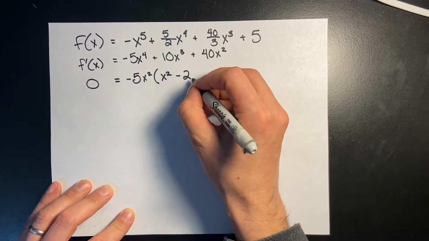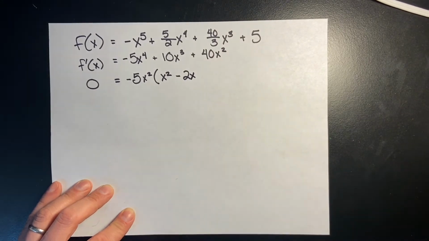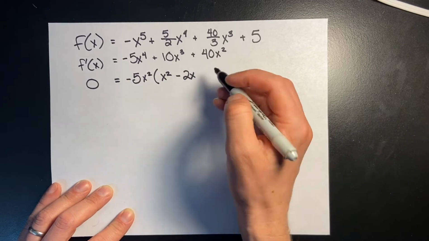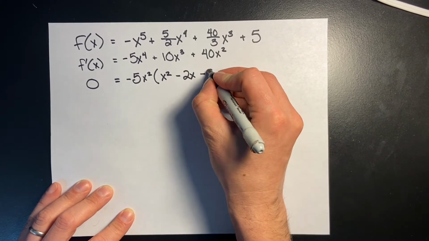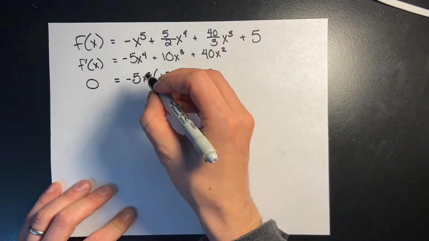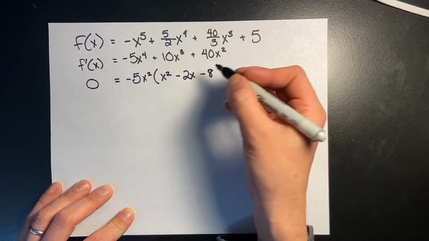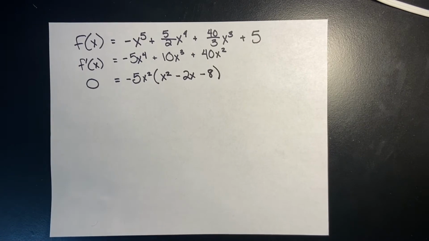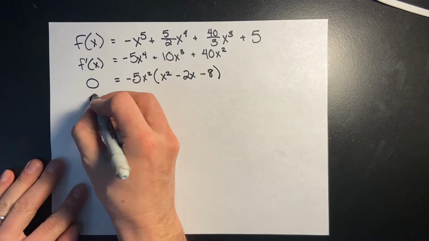I'm taking 2 x's away from 3 x's, and that's what leaves me there. And I'm taking a -5 out of positive 40, so that leaves me with a -8. I'm taking 2 x's from 2 x's, which leaves me with no more x's. All right, so that's part one of factoring. I'm not quite done factoring yet.